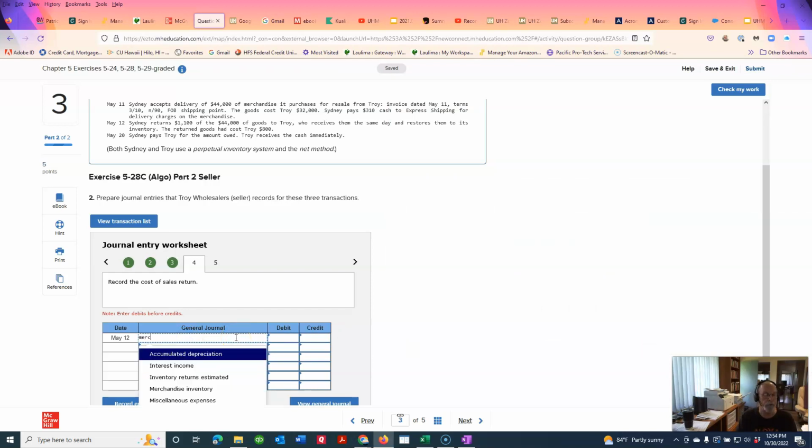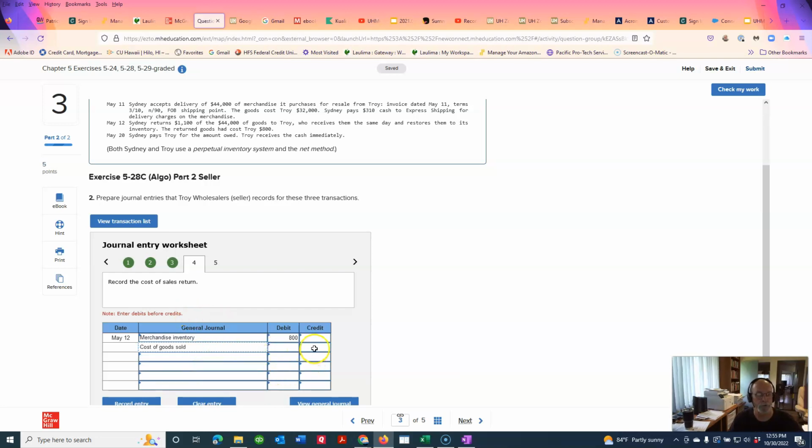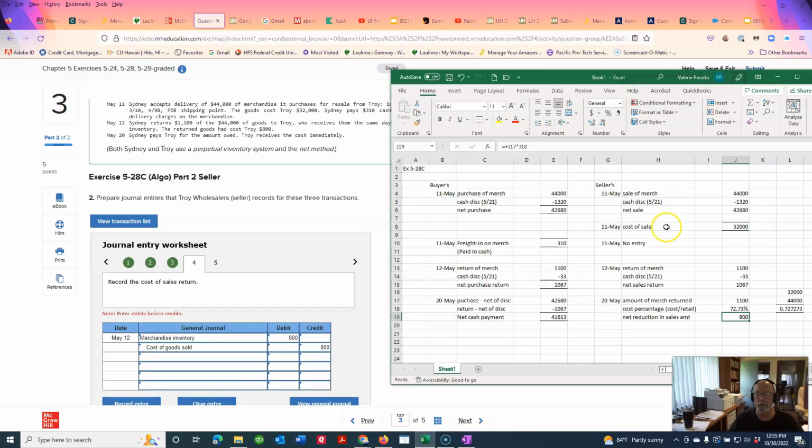So let's show that as a debit back into merchandise inventory, and our credit would go to cost of sales, because our entry to record the cost if you recall, was a debit to cost of goods sold and a credit to merchandise inventory.